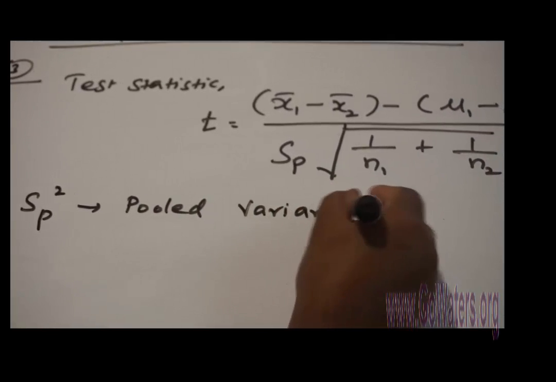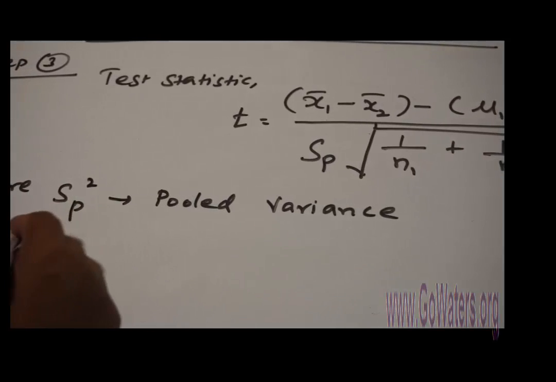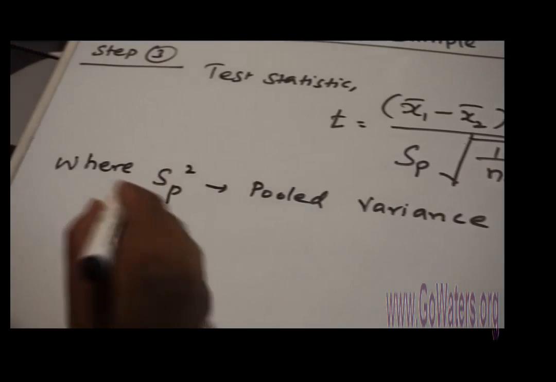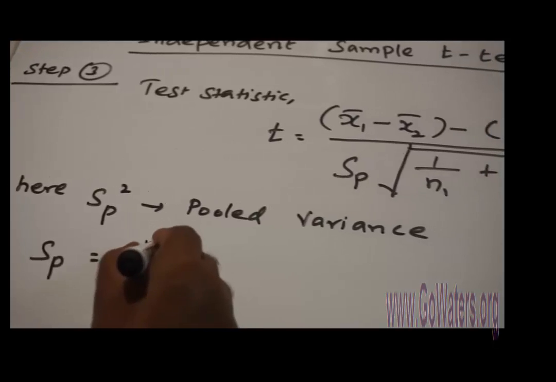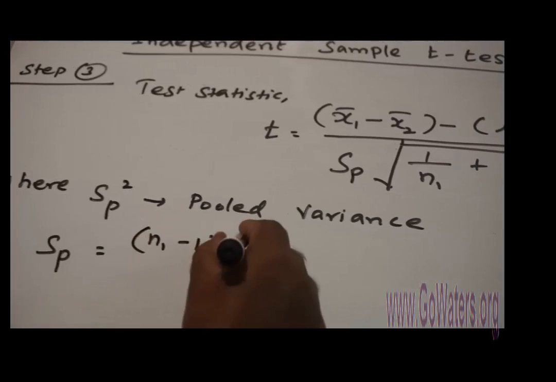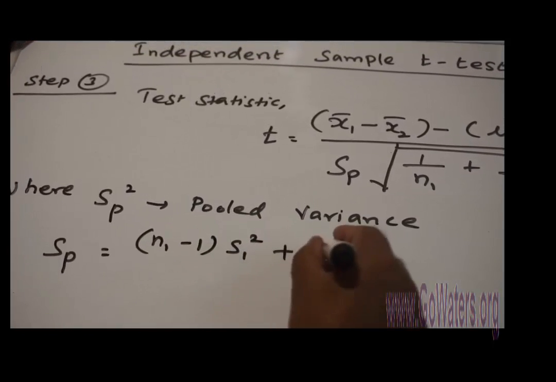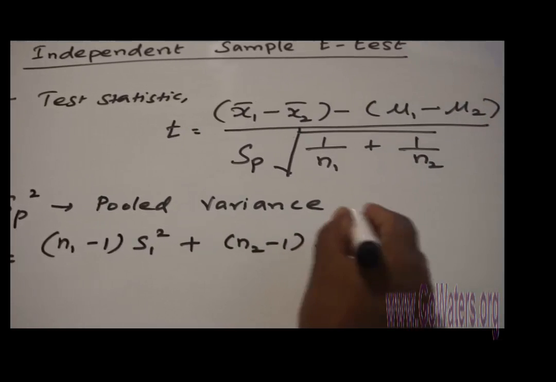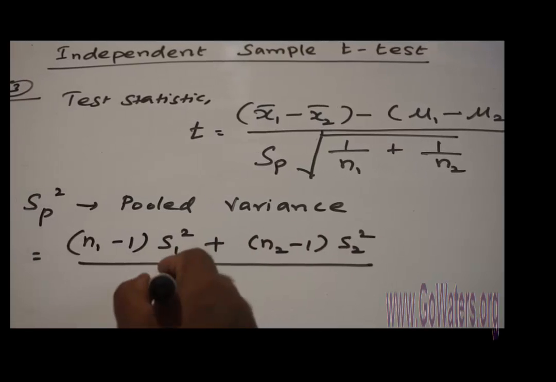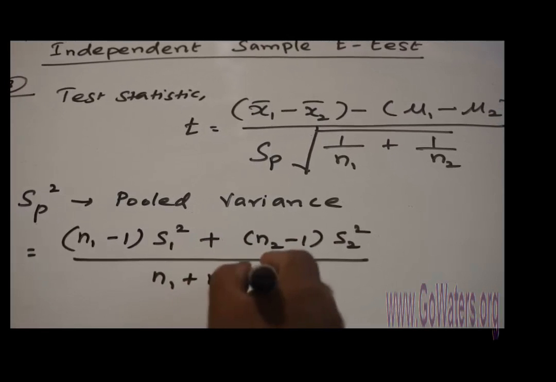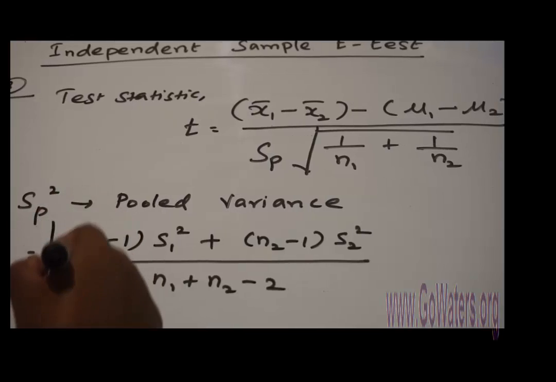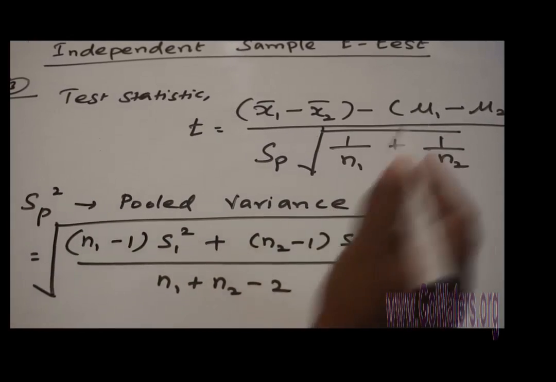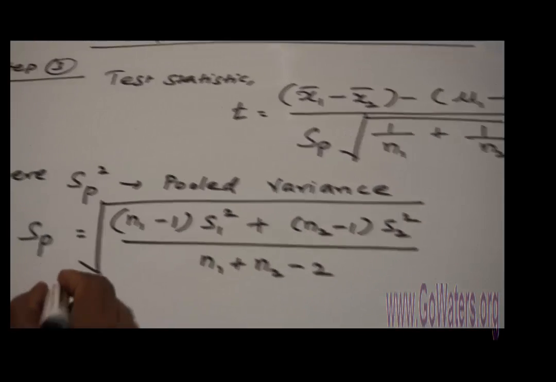So you need to calculate this. How to calculate sp? sp equals the square root of n1 minus 1 into s1 square plus n2 minus 1 into s2 square, the whole divided by n1 plus n2 minus 2.